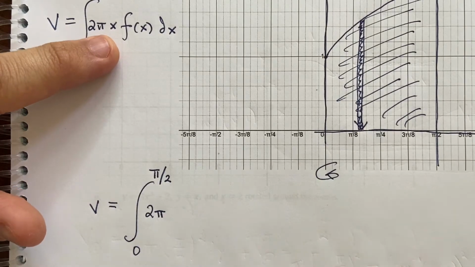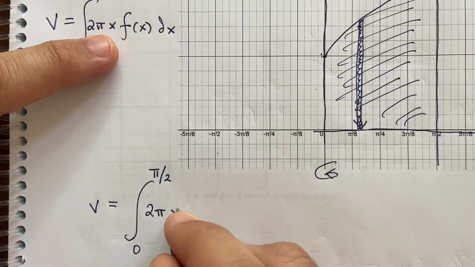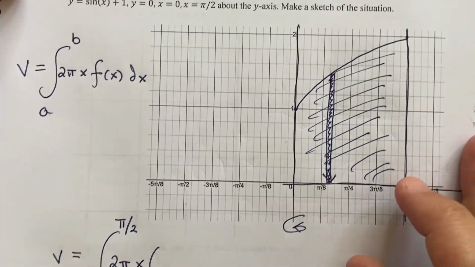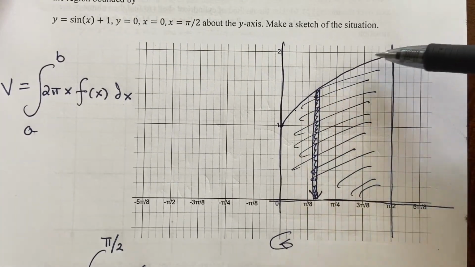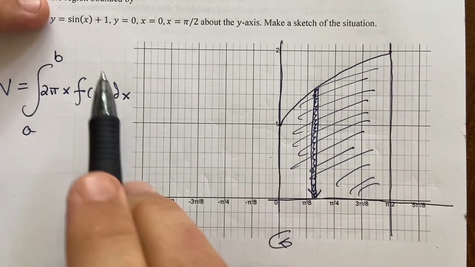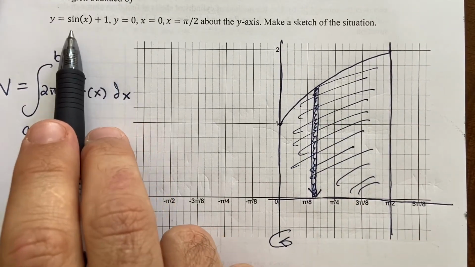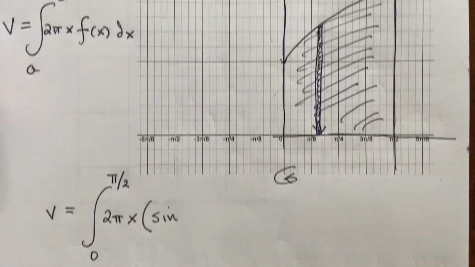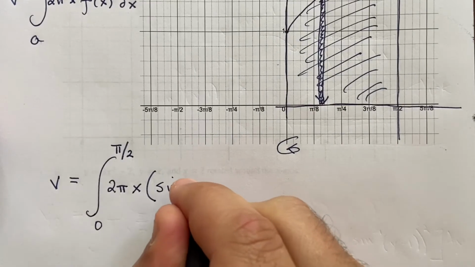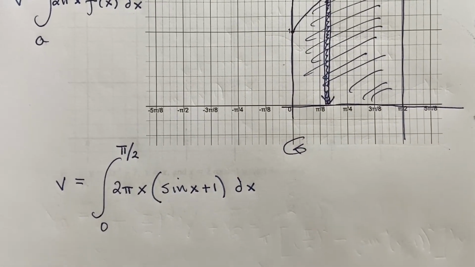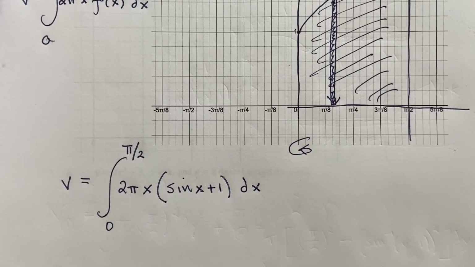I'll do one later where we need to make a bit of an adjustment. So I'll just write x, and then times f of x. And that governing function that is defining the height of this sliver is this trigonometric function here. So I'll have sine x plus 1. That's my function, and then dx.